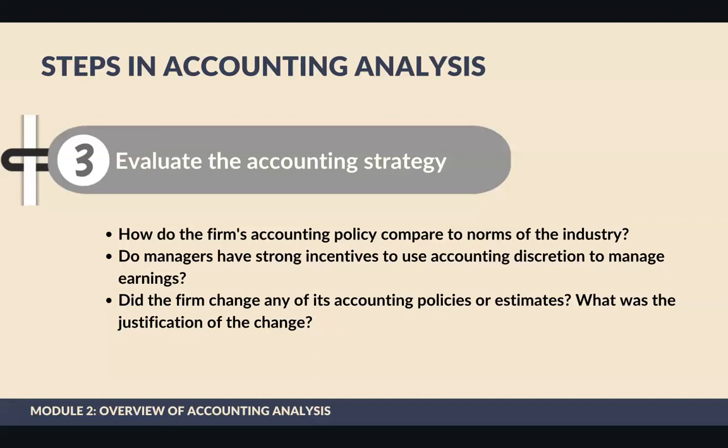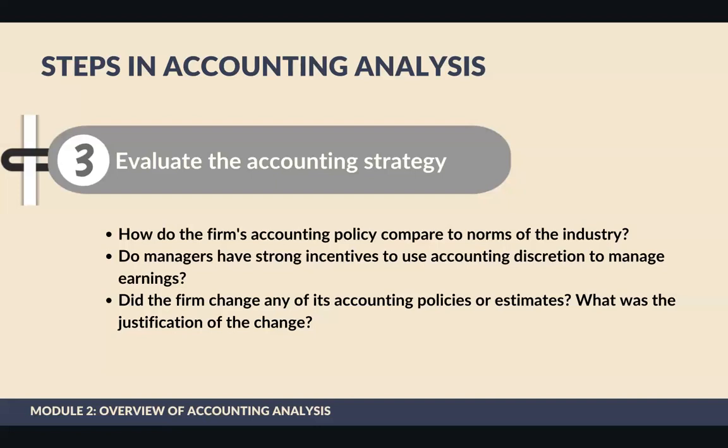As an example, earlier in the previous lesson, we said that if the business does not want to break an accounting-based debt covenant and avoid penalties, then they may be incentivized to actually use that accounting discretion.